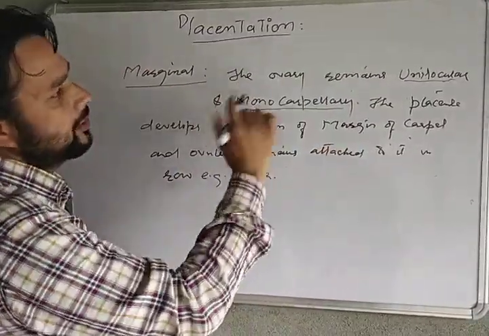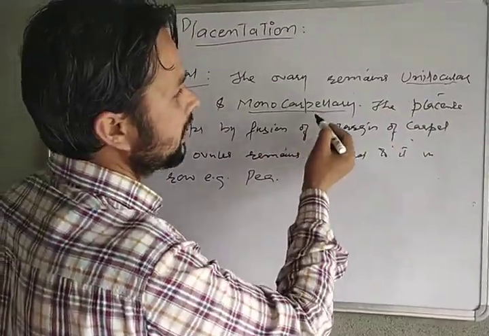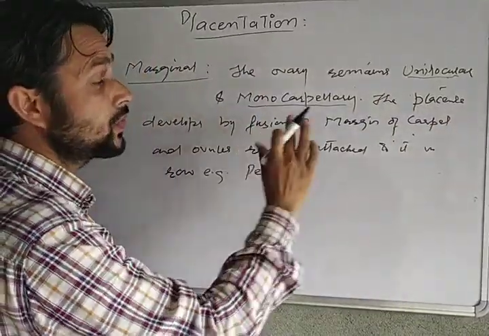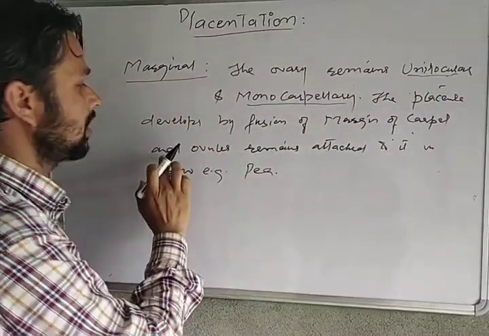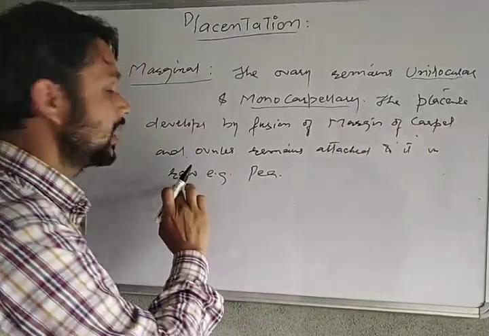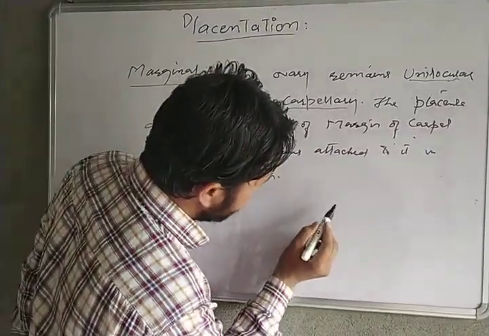I have written the definition here: the ovary remains unilocular, monocarpellary. The placenta develops by fusion of the margin of the carpel, and the ovules remain attached to it in a row. Likewise, like this.